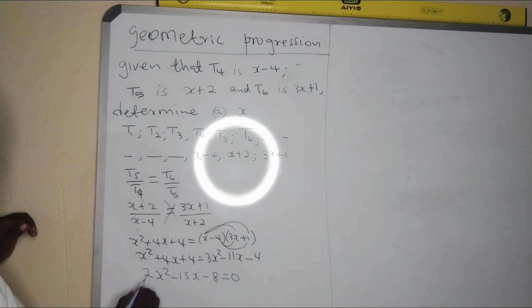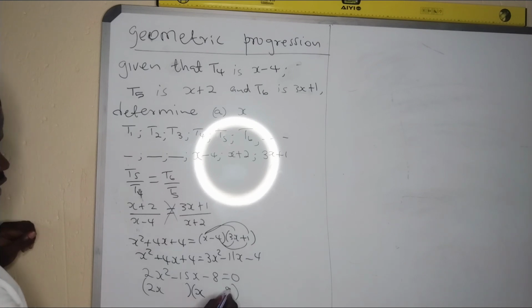Then you can factorize this by opening the two brackets, this being 2x times x, and then this being 8 times 1, the factors of 8. Make that side negative and this side positive, equals 0.